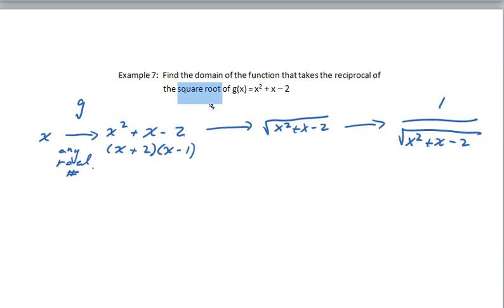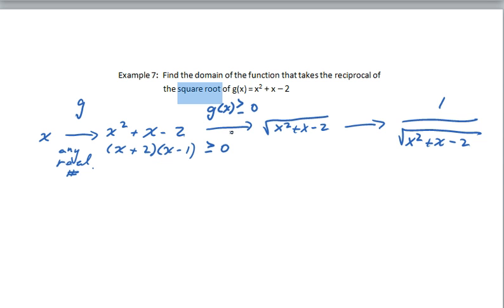In other words, g of x must be greater than or equal to 0 so that we can take its square root. So we're looking for values of x for which x plus 2 times x minus 1 is greater than or equal to 0.